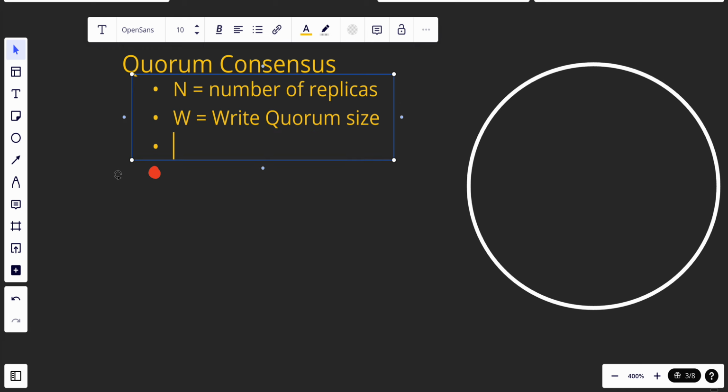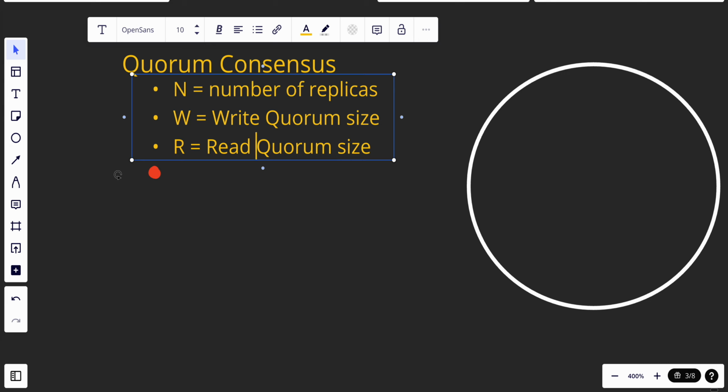And we have R, and R is the read quorum size. Okay, read quorum size. Let's talk about these three numbers.